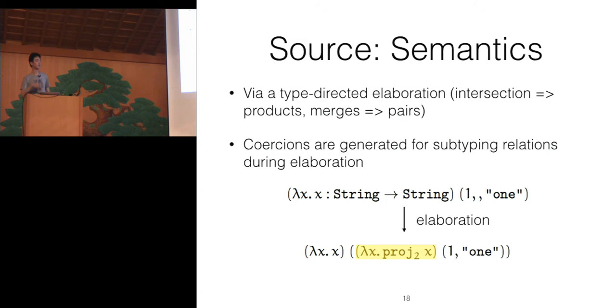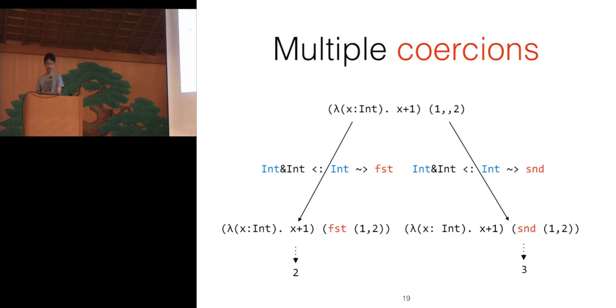And for the merges, the magic actually happens because there's a coercion generated for the subtyping relation. And the coercion is actually just a function that extracts the pairs in the target language based on the type. But the problem of coherence really comes partly from the multiple coercions.